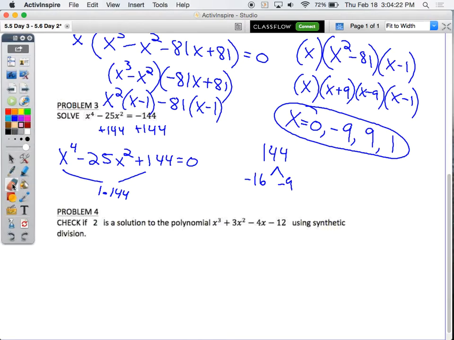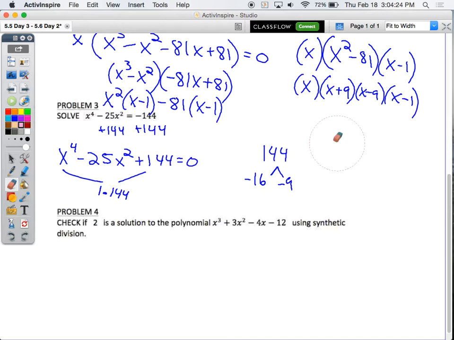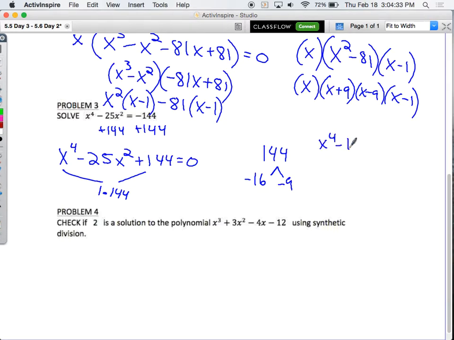I'm going to give myself a little bit of room, clean this out. So rewriting this, we would have x to the 4th minus 16x squared minus 9x squared plus 144. Group the first 2, group the second 2, and then factor. The greatest common factor of these 2 terms is x squared.